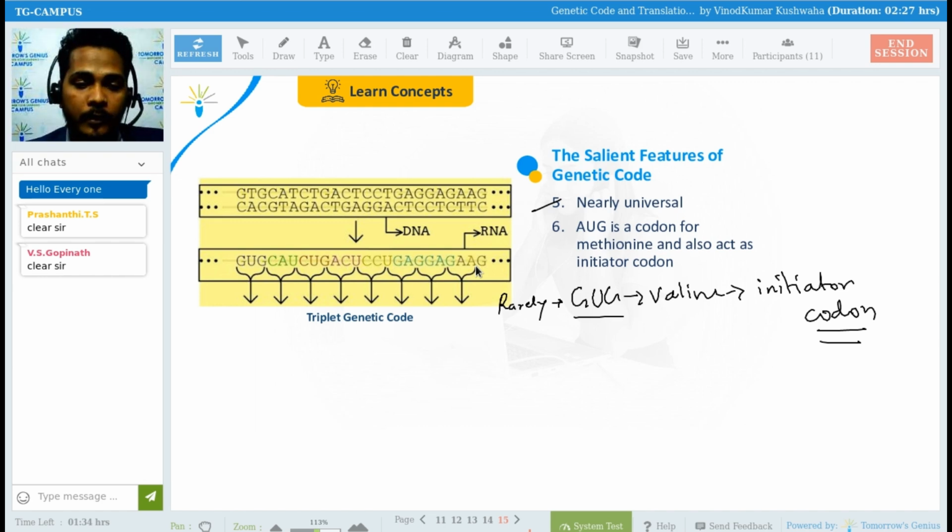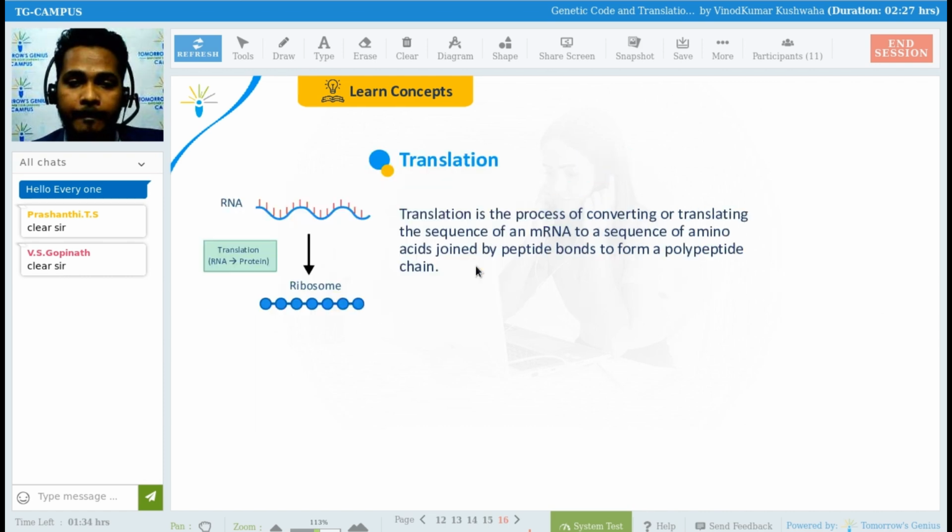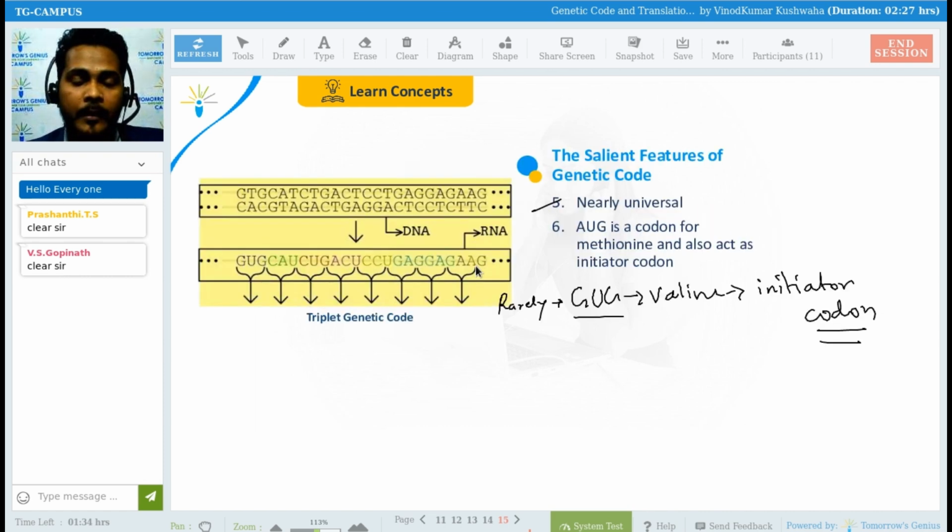Now let's move ahead. I would like to tell you something regarding mutations in this genetic code. If there is insertion or deletion of one or more bases, you know what insertion and deletion mean.